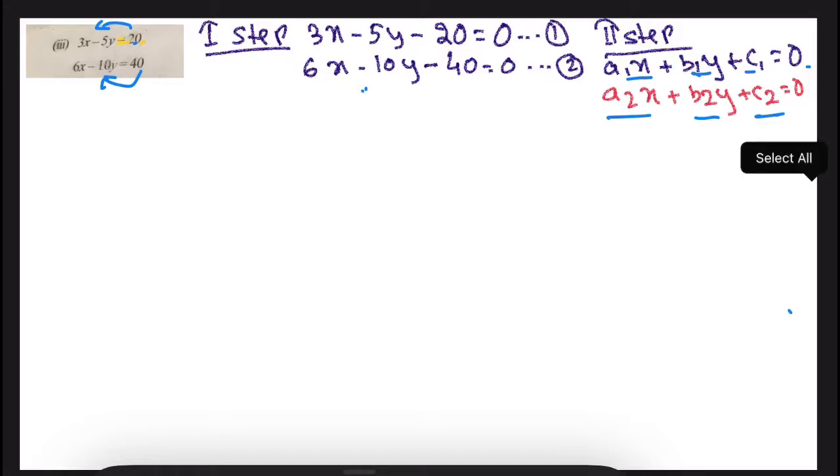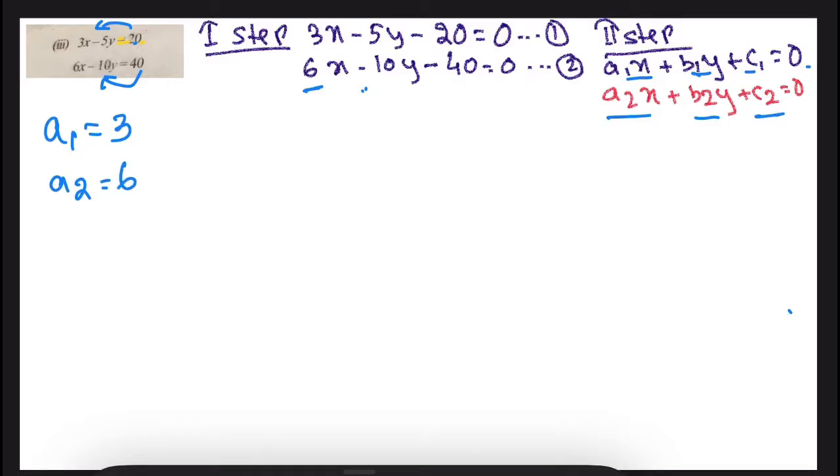In the general equation, what is the x coefficient? a1, and in the first equation the x coefficient is 3, so a1 equals 3. Then a2 is 6, the coefficient of x in the second equation.